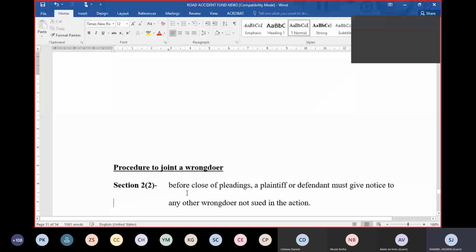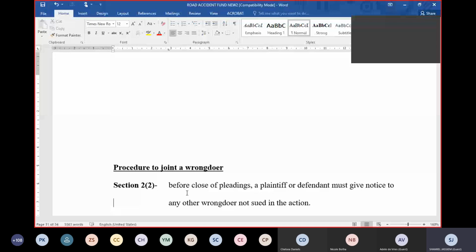A must send a notice in terms of section 2.2. So A must send a notice in terms of section 2.2 to B, giving notice that it is his intention to bring B before court as party to this proceedings.